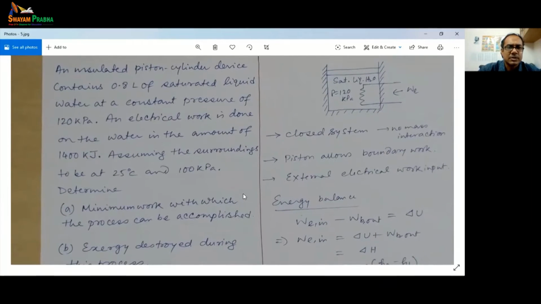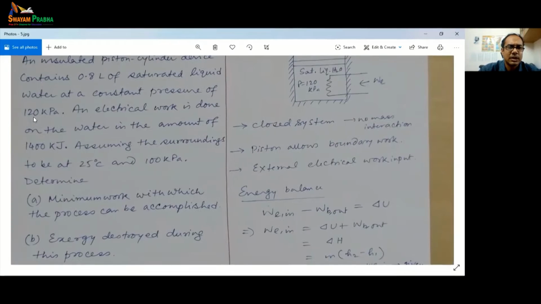to illustrate the concepts. Here an insulated piston cylinder device contains 0.8 liter of saturated liquid water at a constant pressure of 120 kilopascal. Electrical work is done on the water in the amount of 1400 kilojoule.